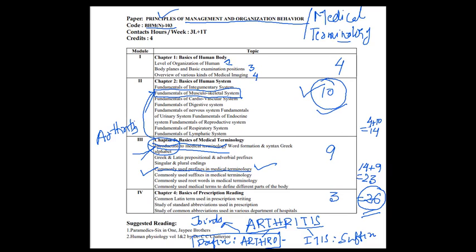Since the number of topics in module 2 and module 3 is maximum, you can see it's 10 in module 2 and 9 in module 3, a total of 19 topics taking both modules together.